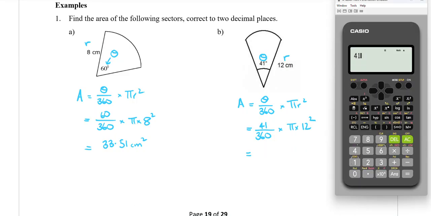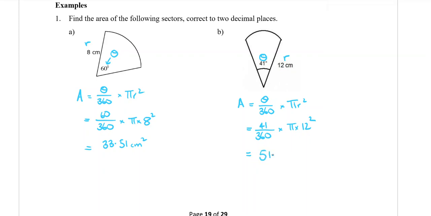In the calculator, 41 over 360 times pi times 12 squared is 51.52. And that will be centimeters squared.